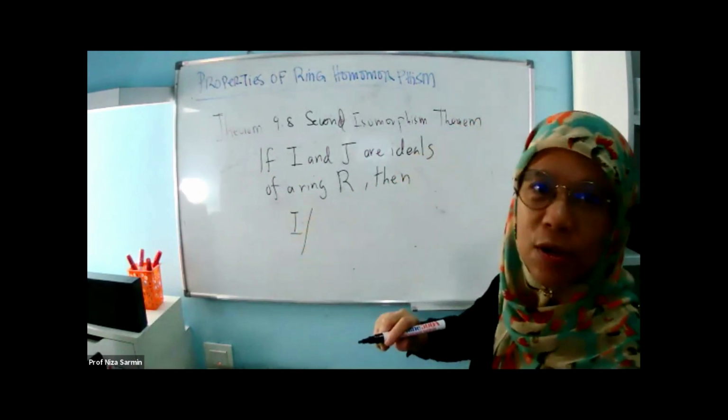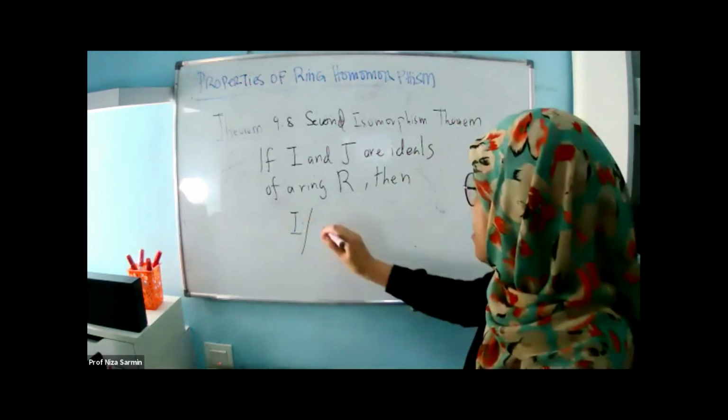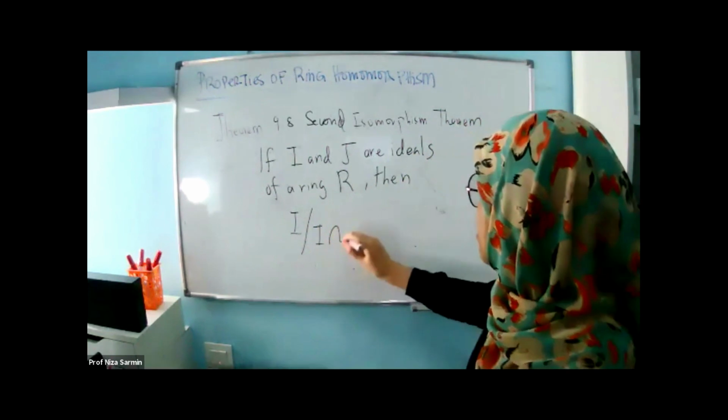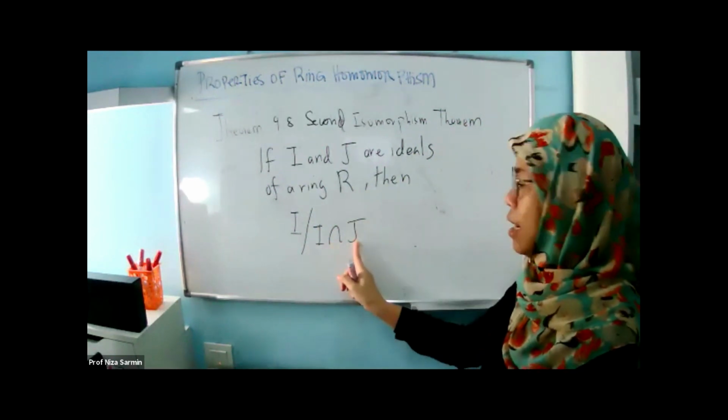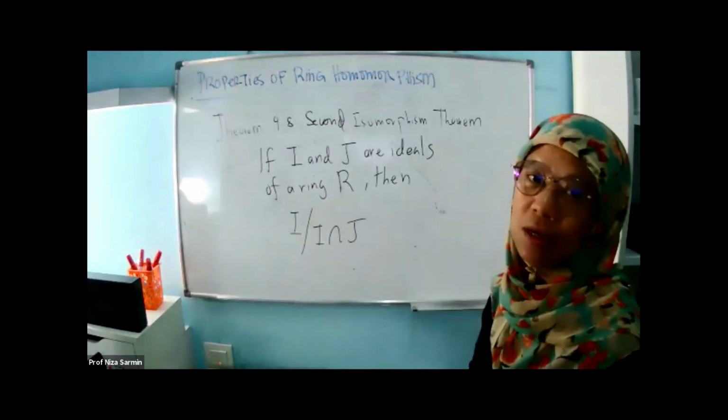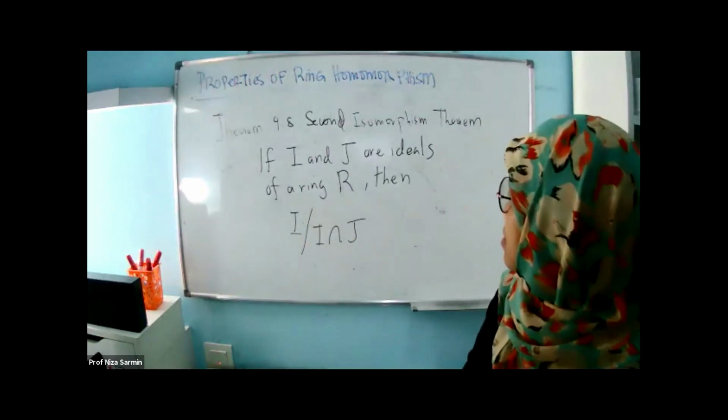Wow, that is a very good test question or final question. Easy. If I and J are ideals, the intersection is also an ideal. So you can do the factoring, right?